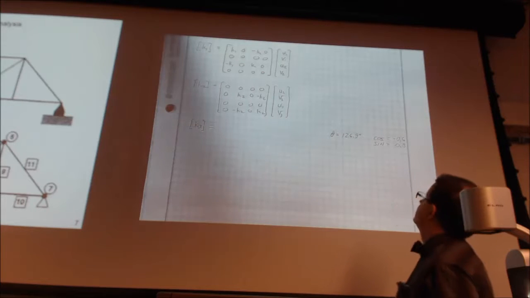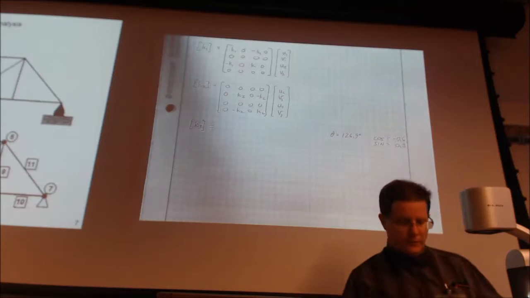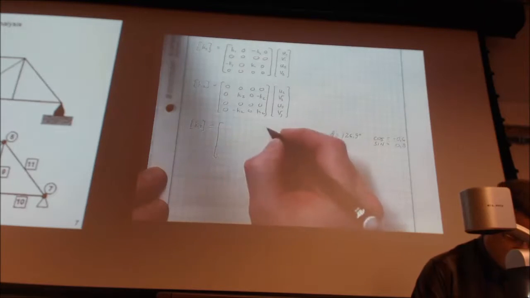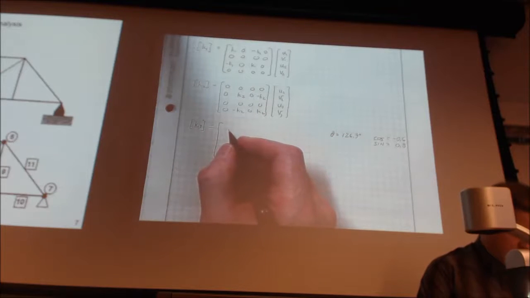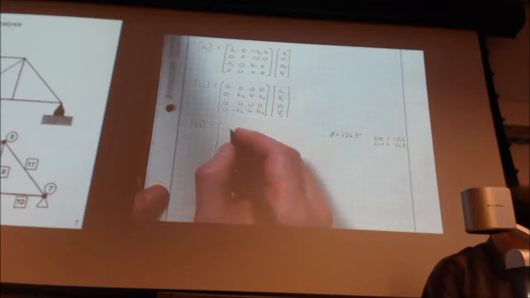Okay. So if we went through that, doing the cosine squared and cosine times sine and all that stuff, this is what you would end up with.